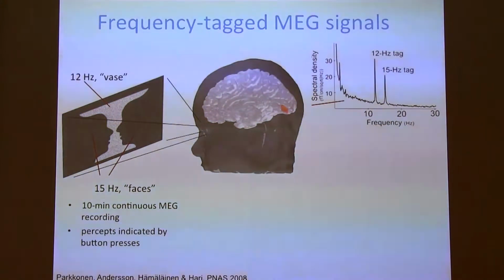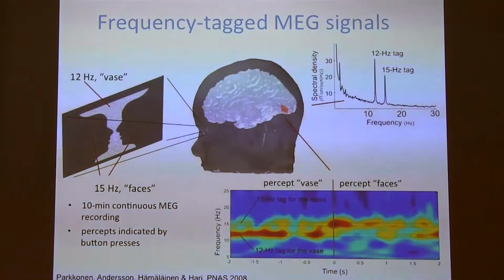And then we just wanted to check whether the relative strengths of these 2 frequencies change. And here now we see the main frequency at 12 Hertz when the person says, okay, I'm seeing the vase, and the vase had the 12 Hertz dynamical noise, and then it changed to faces, so the dominance changed. And so this was the possibility then to show what happened in the early visual cortices.